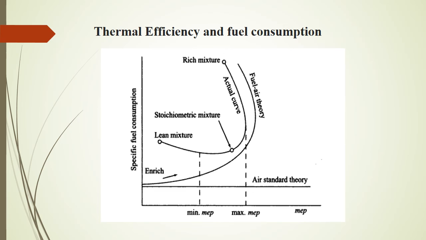Thus, the maximum efficiency is within the weak zone near chemically correct ratio, and this gives rise to the combustion loop as shown in the figure, which can be plotted at different mixture strengths on an engine running at constant speed and constant throttle setting.